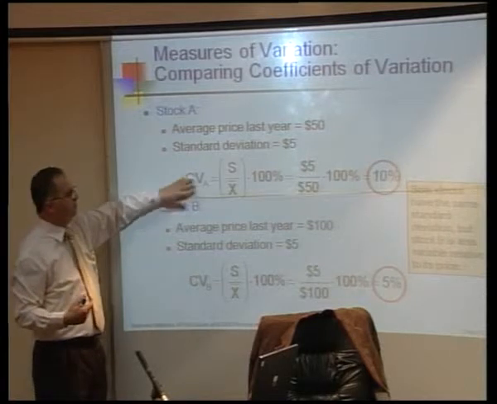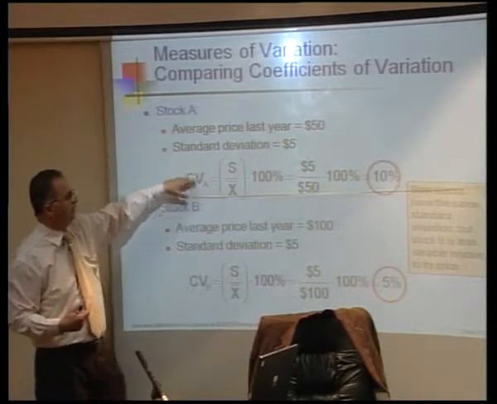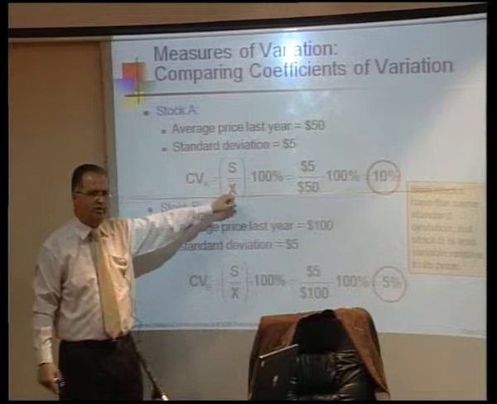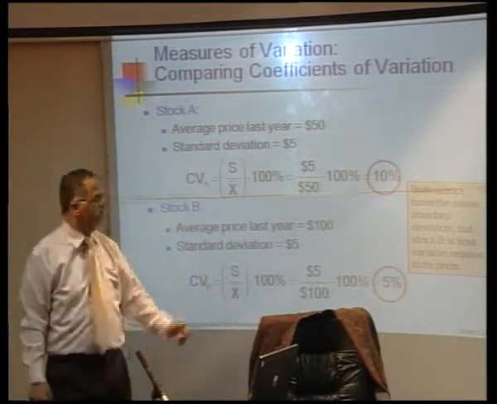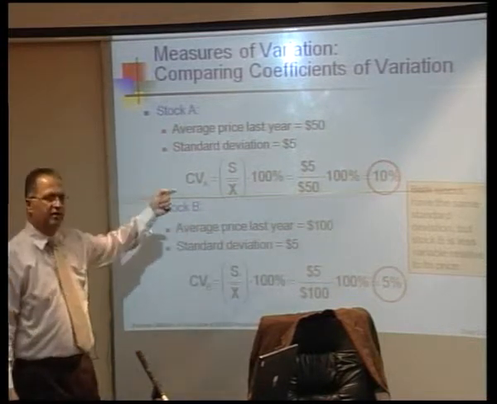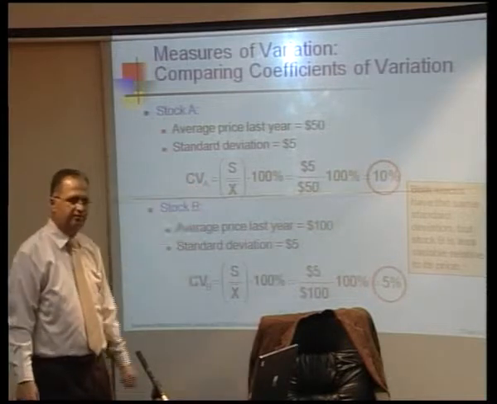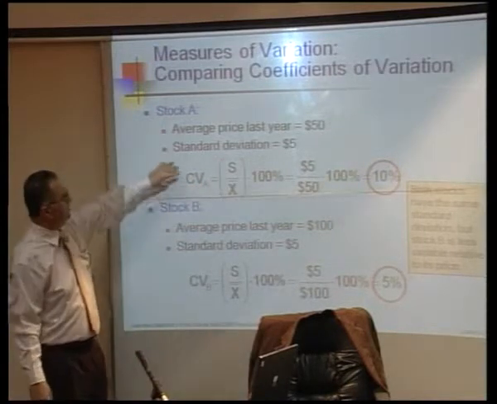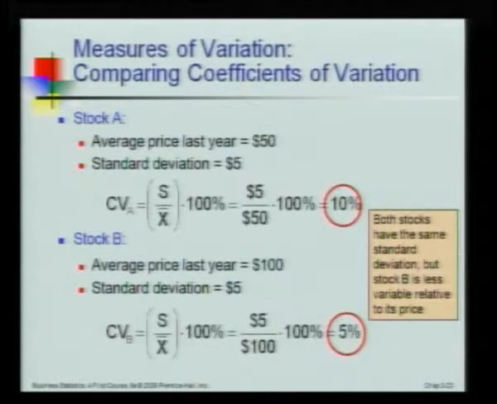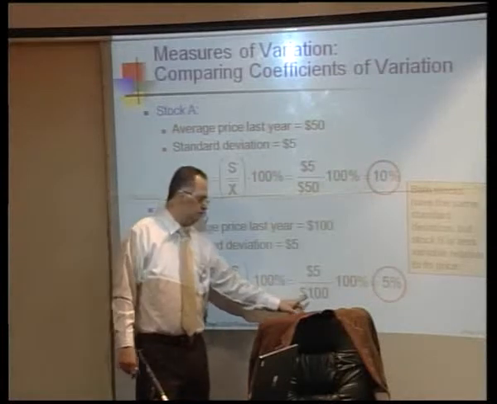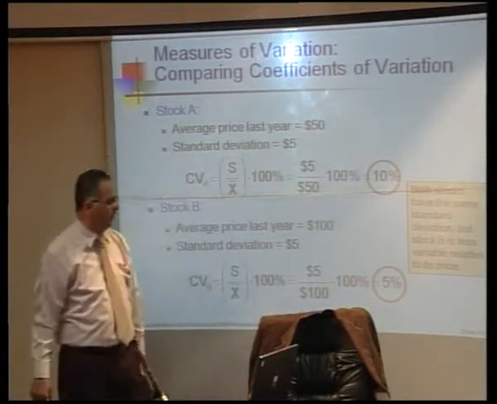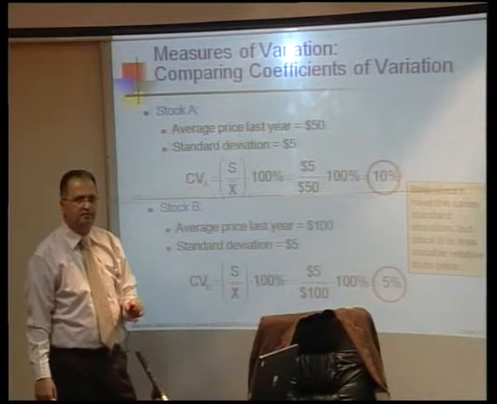I mean, which one has big gaps between the values and the mean, and which values are concentrated around each other. Just for simple calculation, CV for stock A is S over X bar multiplied by 100. That gives 5 divided by 50 times 100, which is 10%. What about the other one? S again is 5. The average of stock B last year was 100, so 5 over 100 times 100 gives 5%.